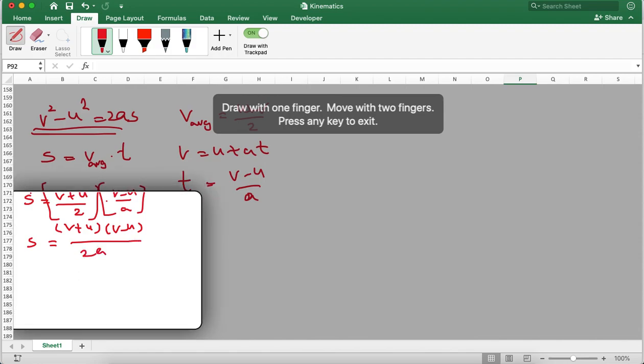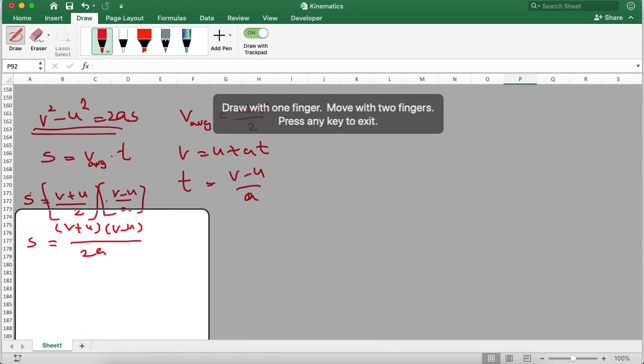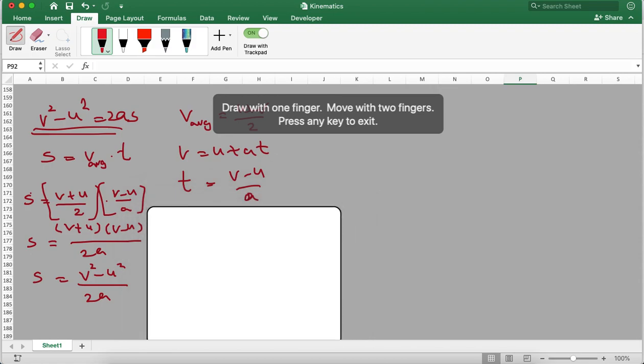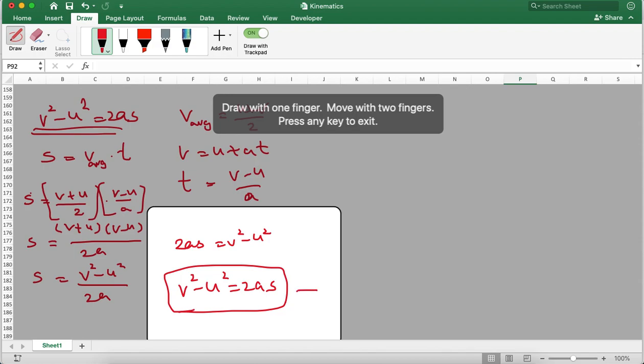As you all know, the expression for a plus b into a minus b is a square minus b square. So V plus U into V minus U gives V square minus U square. So finally S is equal to V square minus U square divided by 2A, and take that 2A to the other side. So finally you will get 2AS is equal to V square minus U square, and this can also be written as V square minus U square is equal to 2AS. So this is the third important expression for the kinematics.